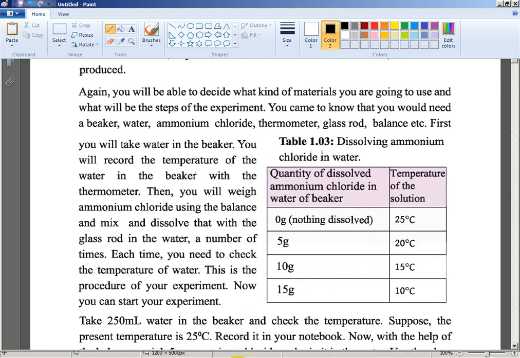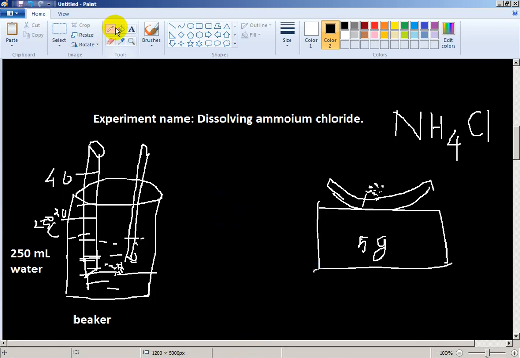Then you take 10 gram ammonium chloride and weigh it on the balance. Then you mix, stir, and it becomes dissolved. Then take another reading.